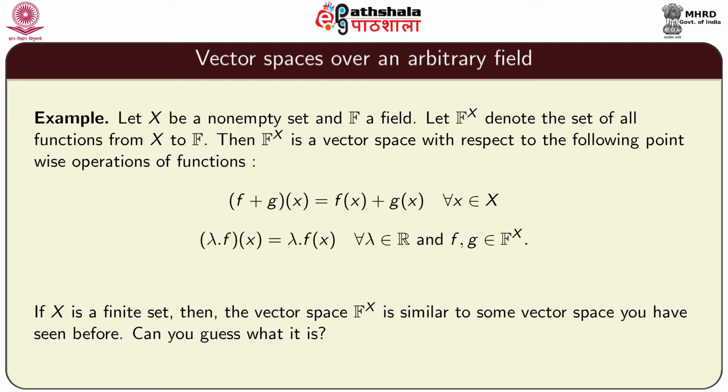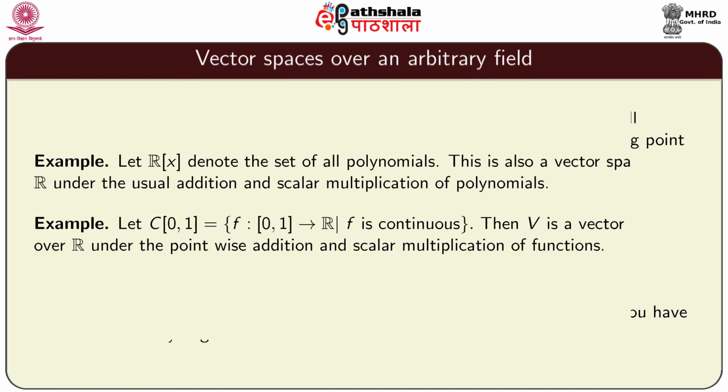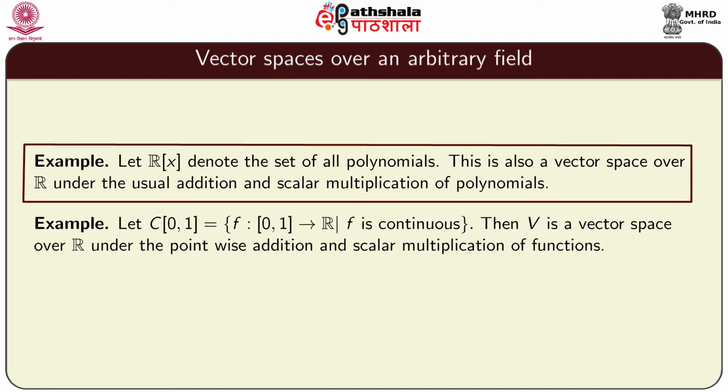Let us see the next example. Now, we have R[x], and that denotes the collection of all polynomials. So, we have seen Rn[x] a couple of slides back, which meant the collection of all polynomials with real coefficients whose degree is at most n.